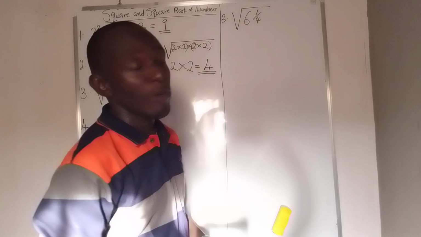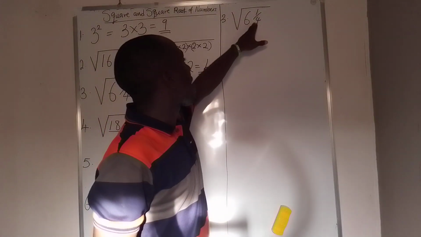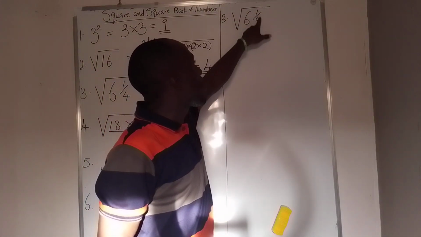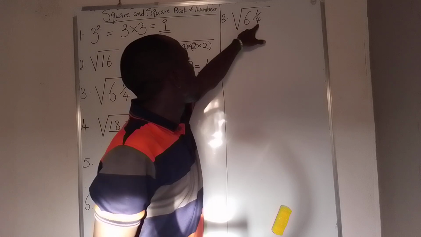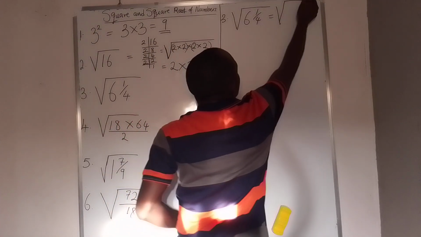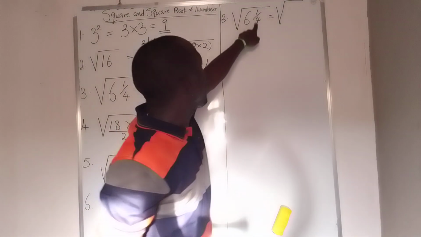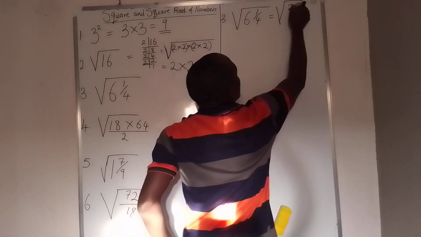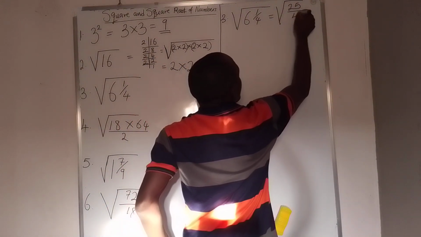How do we do that? By saying 6 times 4 plus 1, all over this 4. So 6 times 4 is 24, plus 1 is 25. We have 25 over 4.